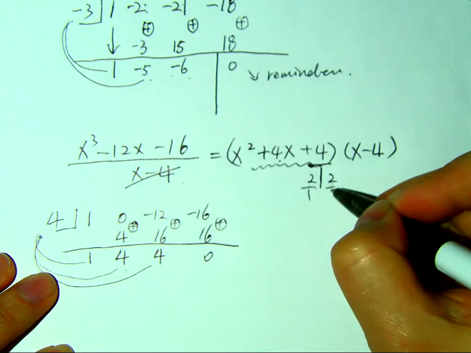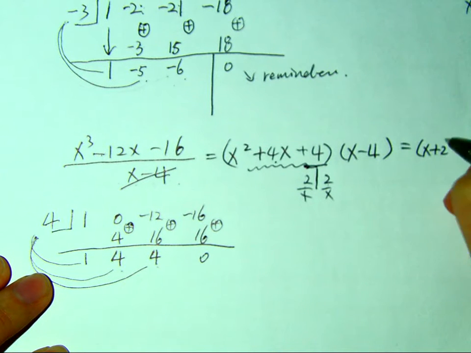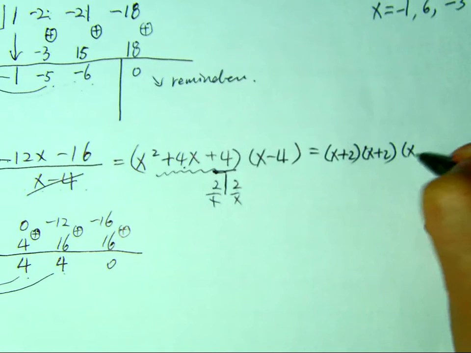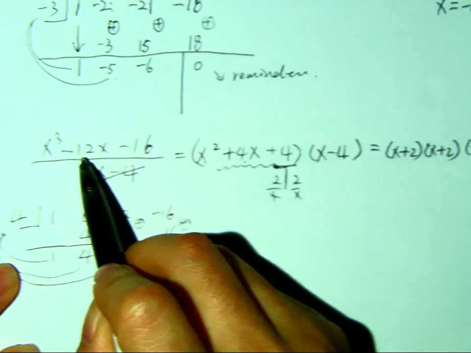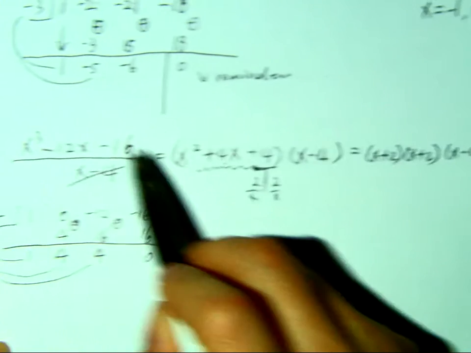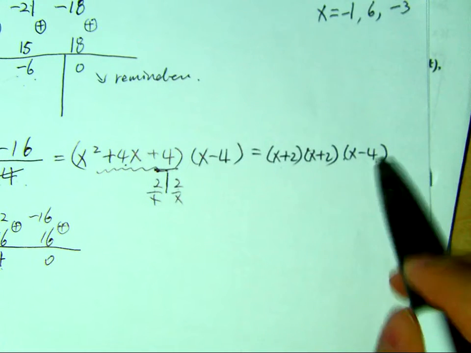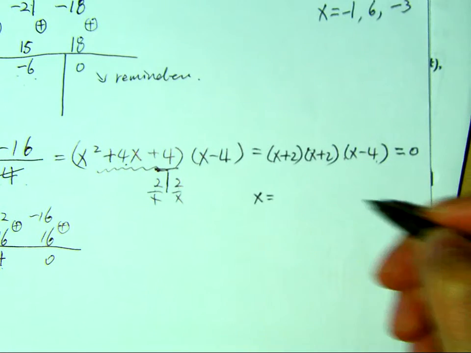So that means we can rewrite this to x plus 2, x plus 2, and bring down the x minus 4. So we factor this polynomial function with a degree 3 to x plus 2 times x plus 2 times x minus 4. If we set this equal to 0, we're also able to solve for x.